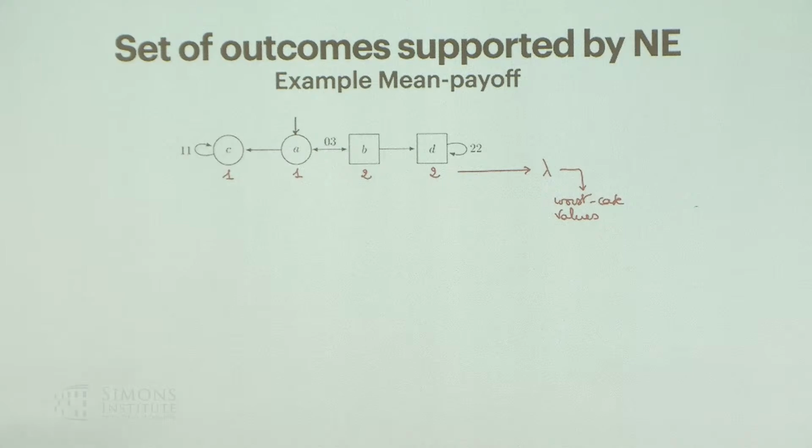Here I have a simple min pair game with two players, circle and square, and I will compute for each state what is the worst case value that the owner of the state can enforce, right? So let's try to see why these are those values. So in this state, okay, let's start with this one, which is trivial.